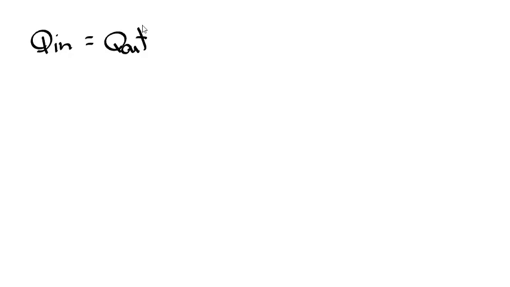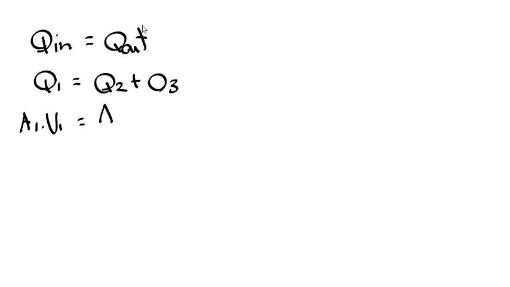In this case, the discharge in pipe 1, Q1, equals Q2 plus Q3. And if we break this formula down into Q itself, we end up with A1 times V1 equals A2 times V2 plus A3 times V3.